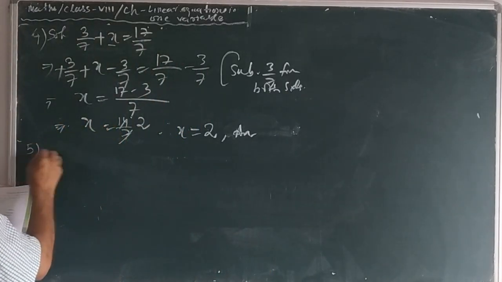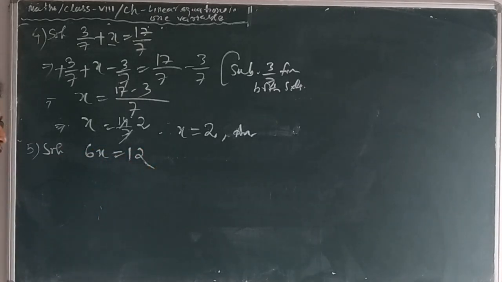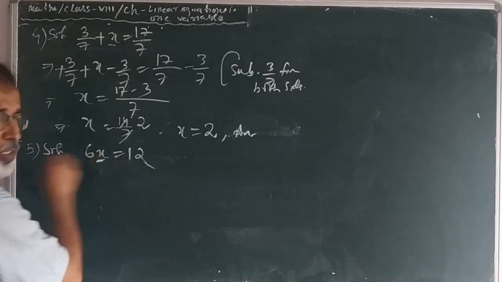Now 5th number, 6x equal to 12. Once again I am going to repeat, we have to find the value of x here.